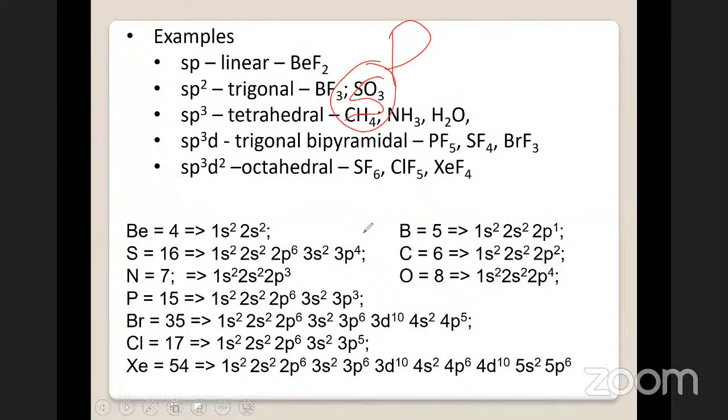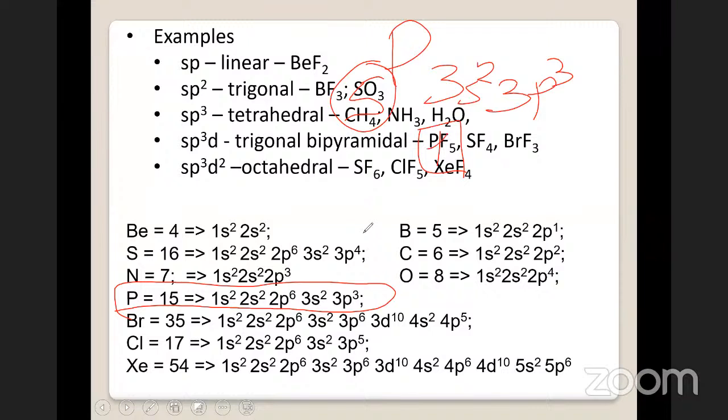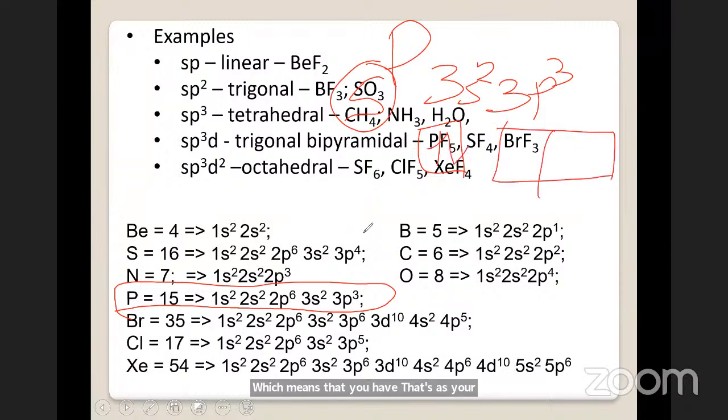So in any case, you will have 3s2, 3p3. That will be the valence shell, as you can see from here. Now, which means that you have that as your valence states.